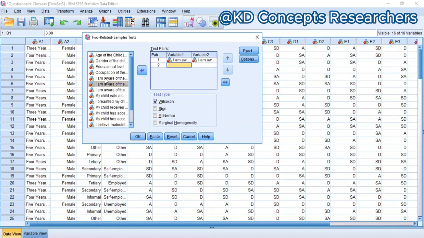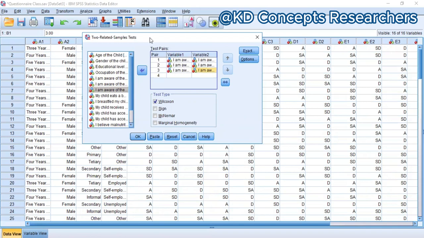Pair number 2 is going to be between B1 and B3, so I'll move B1 and also move my B3. Again, for pair number 3, it's going to be between B2 and B3. Now this is all set. We are comparing between B1 and B2, B1 and B3, and B2 and B3 here.